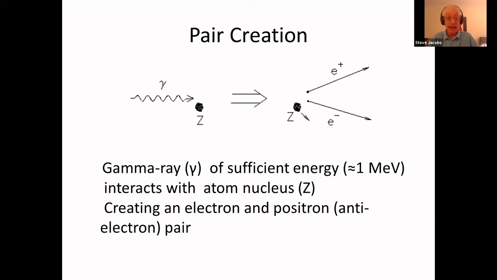The photon must have higher energy than the rest masses of the positron and electron, about 1 million electron volts. This only happens in the core of stars that have a temperature above about 300 million degrees. The positron was first discovered in the 1930s by C.D. Anderson.